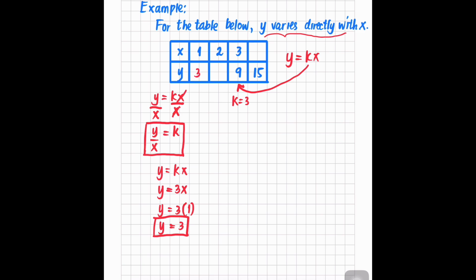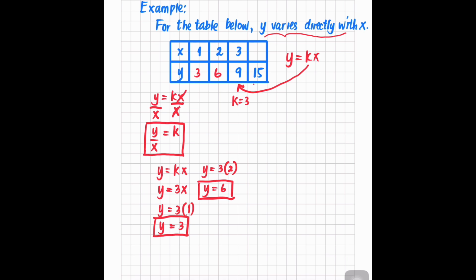Then we carry on applying the same process for the other missing values. So when x is 2, replace x from the equation by 2 and simplify. So when x is 2, the value of y will be 6. And if you take a look at the last missing value, the y value is given, but we're missing the value of x.